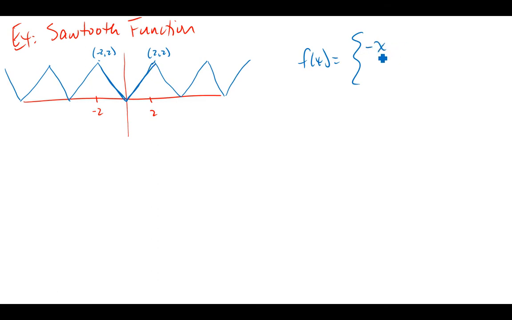So I will be on -x for x between -2 and 0, and I will be on positive x if x is between 0 and 2. So that just describes this line here and this line here.